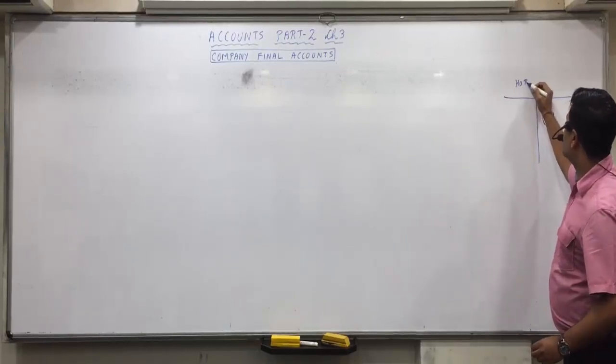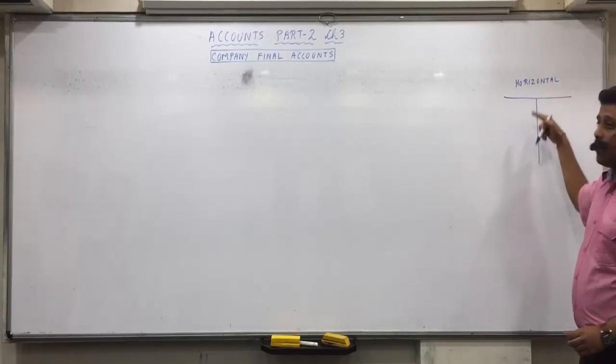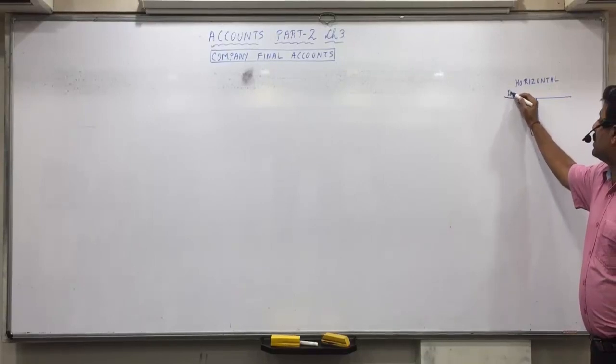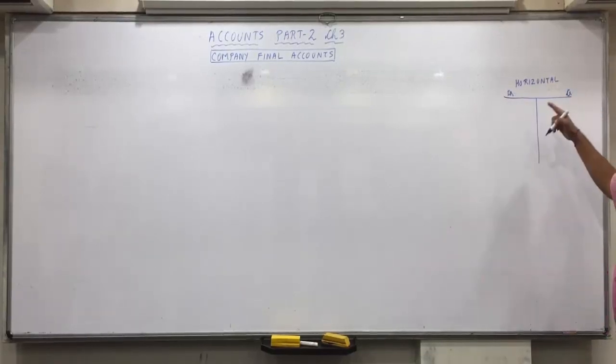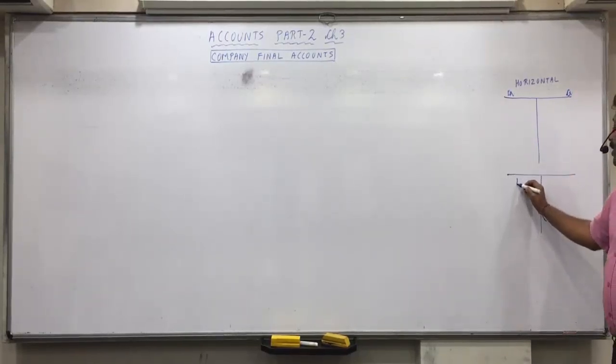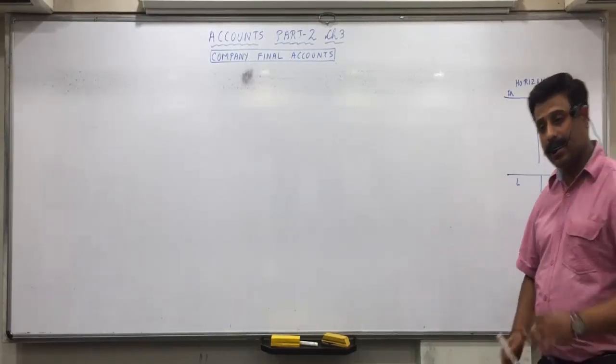We call it horizontal format or T format, where the left side represents debit and right side represents credit. In the balance sheet also horizontal format, where left represents liabilities, right represents assets.